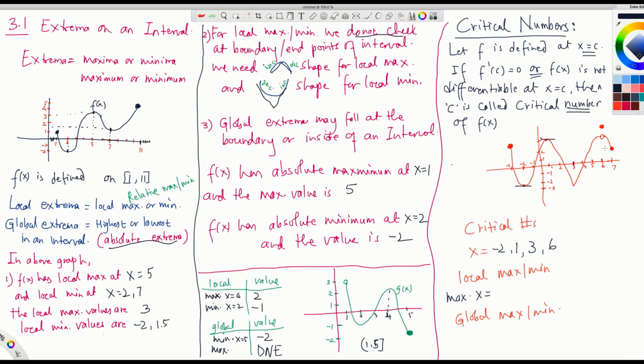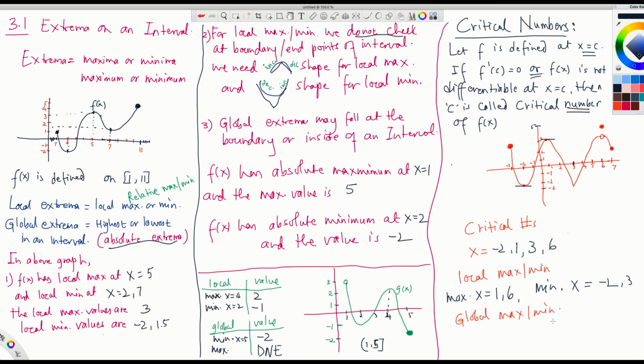At 6 it has a local max because at 6 the height is 5, and around 6 the height is smaller than 5. So you write x equals 1 and 6, and local min will be x equals -2 because at -2 it is the lowest height, and at 3 it is the lowest height, right?